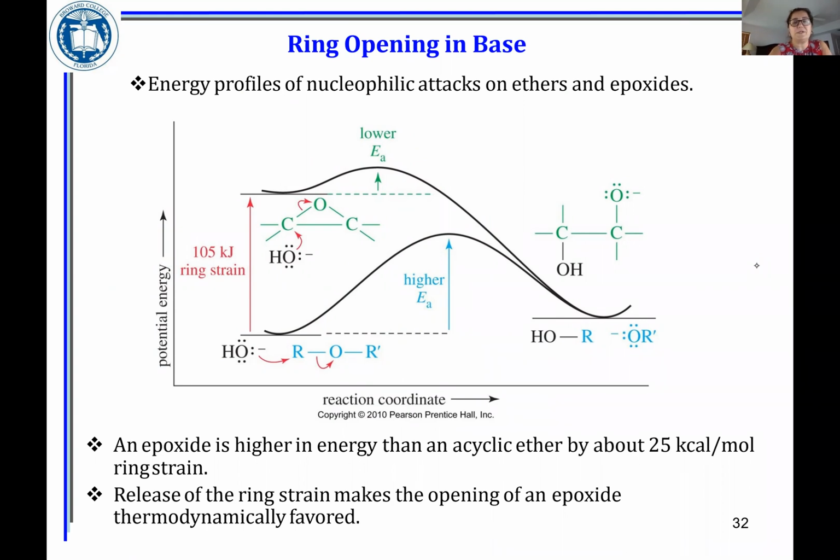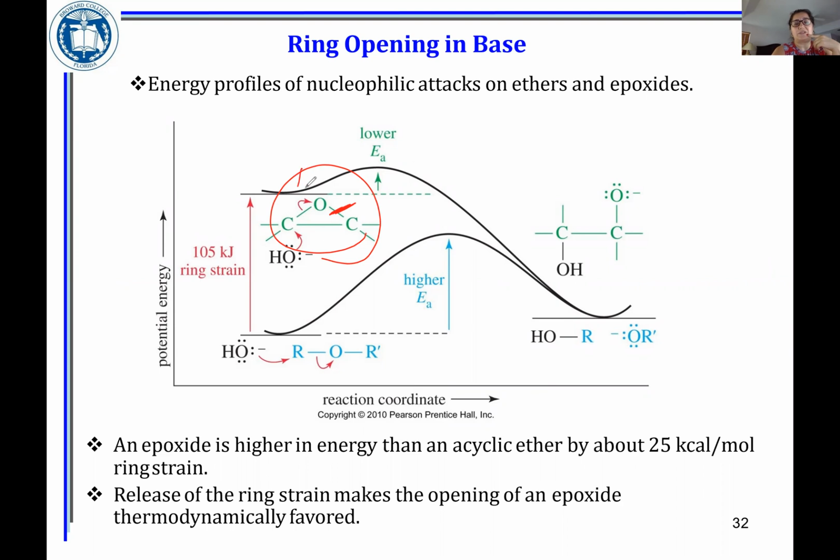Okay. Which one is going to open faster or better with the hydrolysis, or addition of water? Which one would change better to an alcohol or gain the OH bond? The epoxide, because it has higher energy already, is more ready to break or open this ring, and it's going to take less time, so it's a faster reaction.